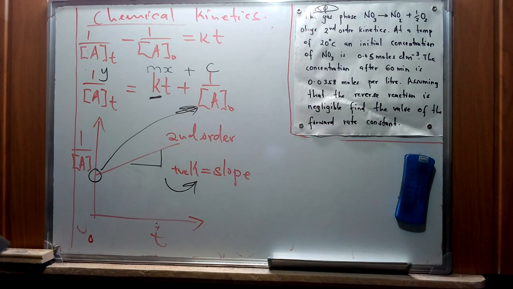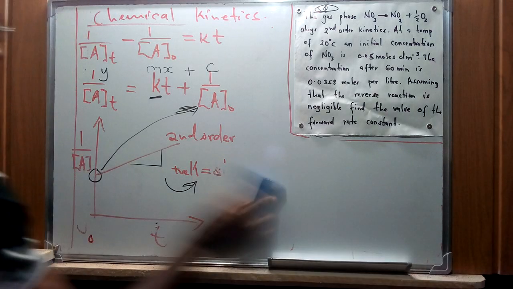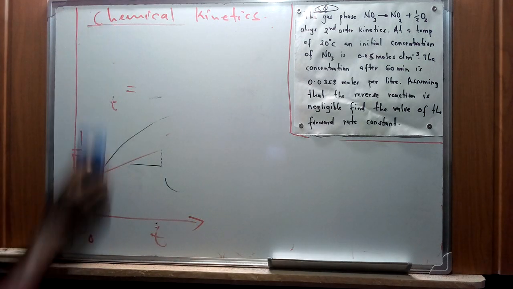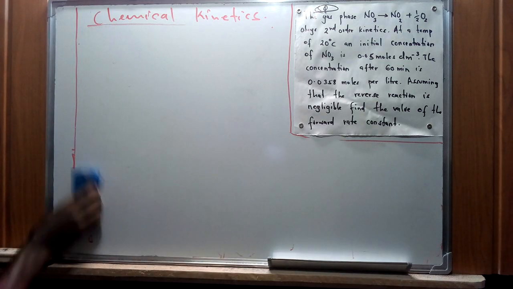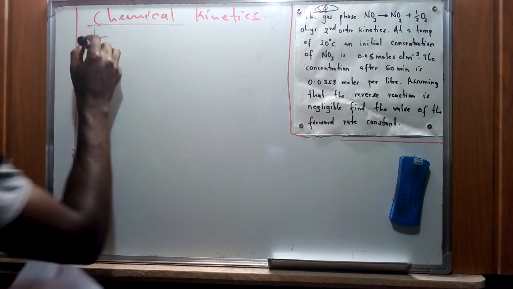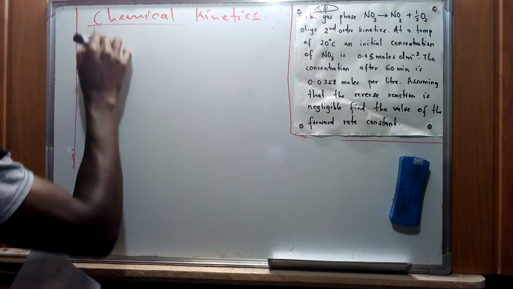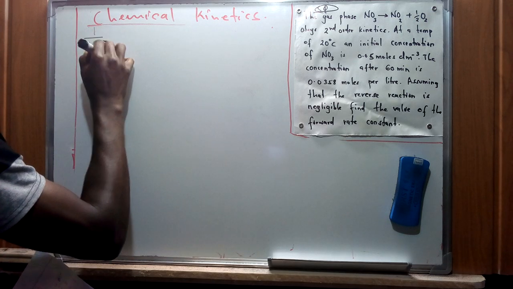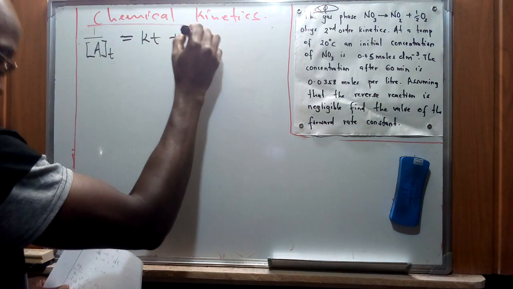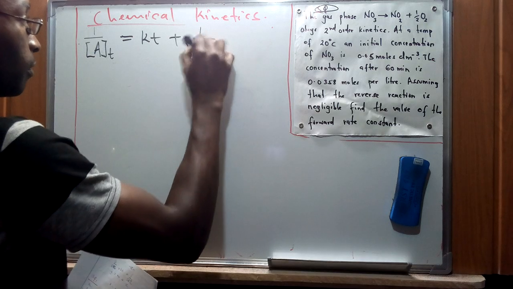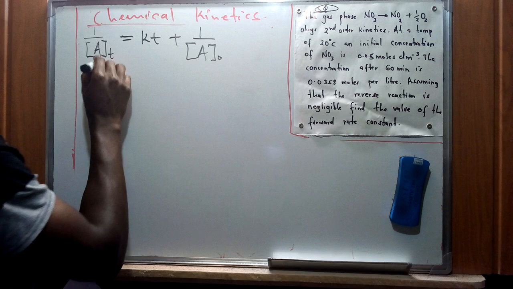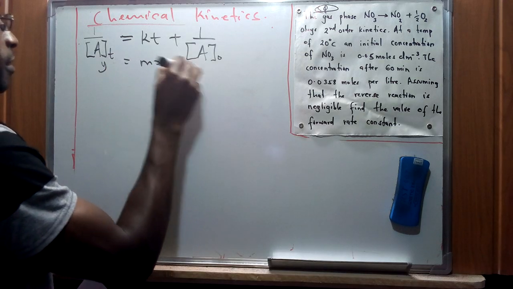So that one understood, I'll just take out this part of the board and just give that general representation again: 1 over the concentration of A at t equals kt plus 1 over the initial concentration of A. And I've said this is y equals mx plus c.